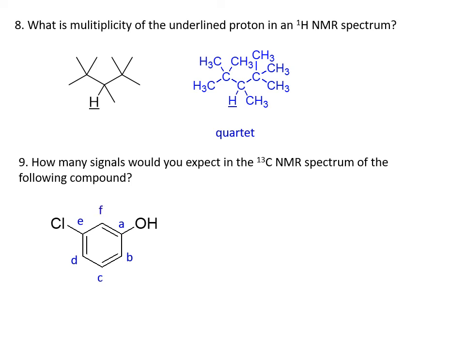And only 1 carbon is between the hydroxyl and chlorine. So each of those 6 carbons is unique, and so you would expect 6 signals. So the carbon-13 NMR spectrum here would show 6 signals for 6 distinct carbons. So this completes our exercises of chapter 16.